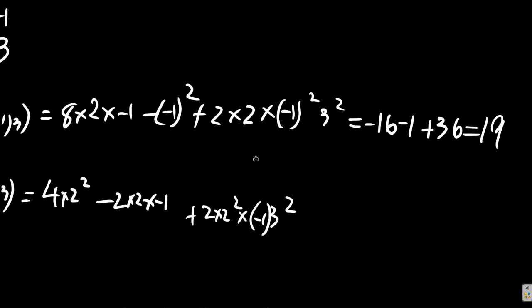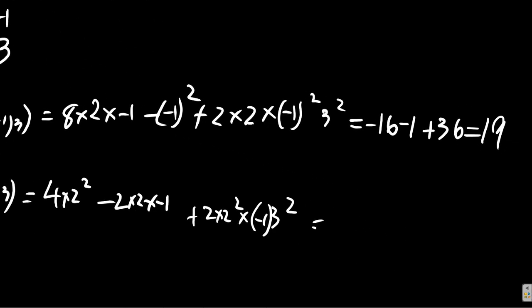Now what will that give you? Let's see. 2 2's 4, 4 4, 16. So we have a 16 here. A minus negative, so we'll have a plus. 2 2's 4 plus. We have, let's work this out. 2 2's 4, 4 2's 8, times 9, 8 9, 72.